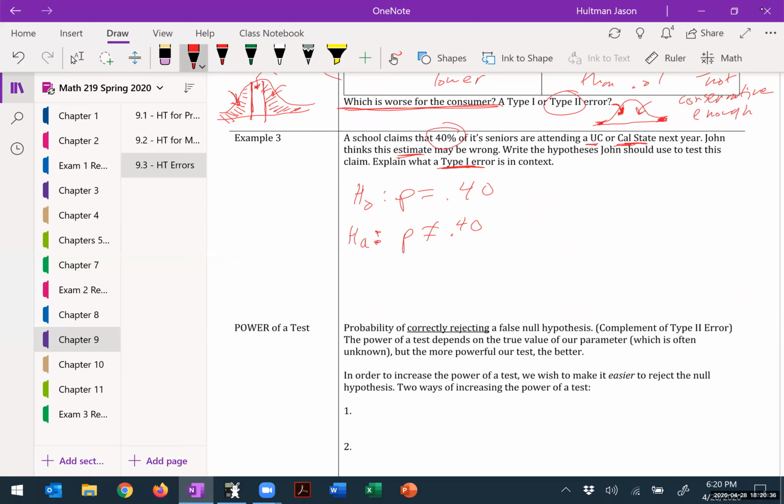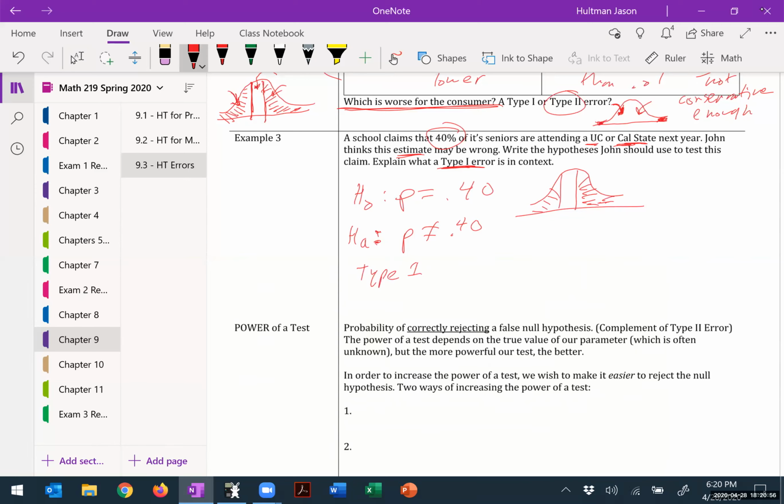Okay, so what's a type 1 error in this case? Again, type 1 error is rejecting way too much, right? So what's a type 1 error?